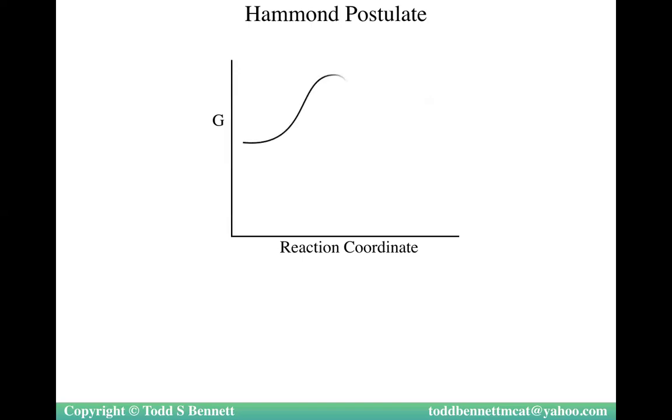Last thing I want to emphasize is something called the Hammond postulate. I was looking at the Hammond plot, something different. My apologies. The Hammond postulate basically says the transition state reflects either the starting reactant or the product more so according to its relative energetics.